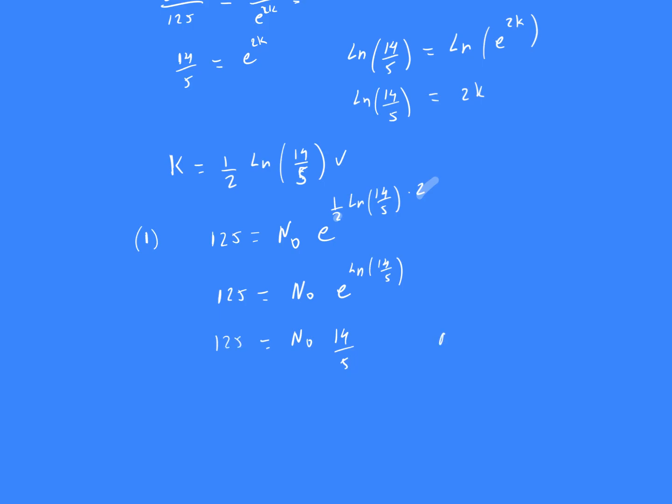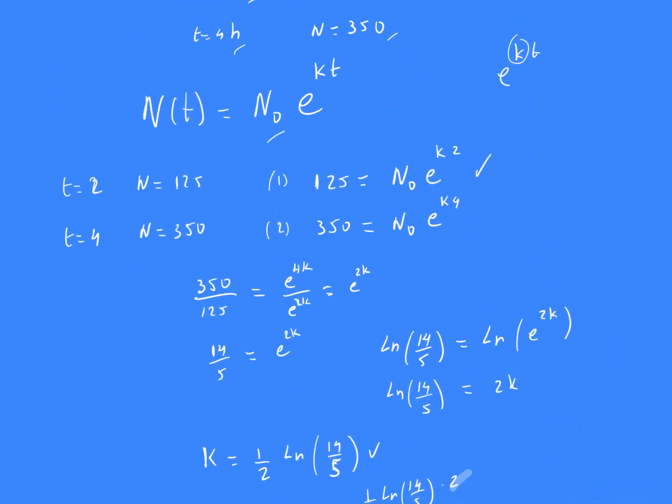So N0 will be 5 times 125 divided by 14, or 625 divided by 14. So this is the amount. Now you can use your calculator to find N0, but you don't need to. It's a mistake to use the calculator in the middle of the problem.